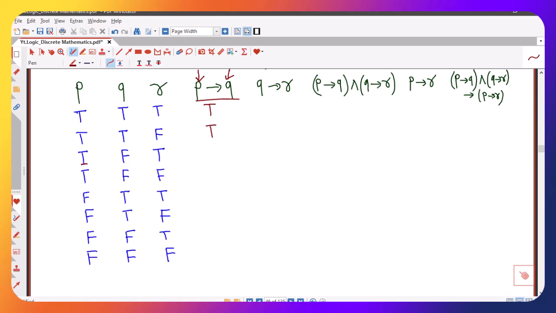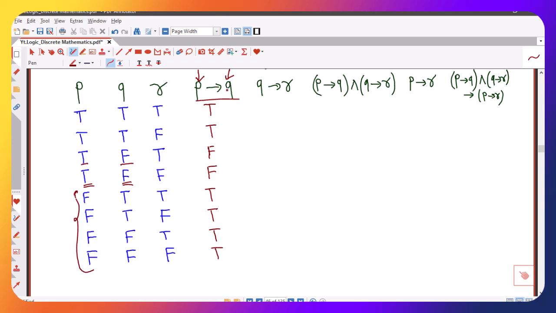Here we can see P is true, Q is false, therefore P to Q is false. Similarly here P is true and Q is false, therefore this is false. Now if P is false, then in that case we can directly write that P to Q is true. So in these four possible combinations we have P as false, therefore P to Q is true. Okay, remember P to Q is false only if P is true and Q is false.